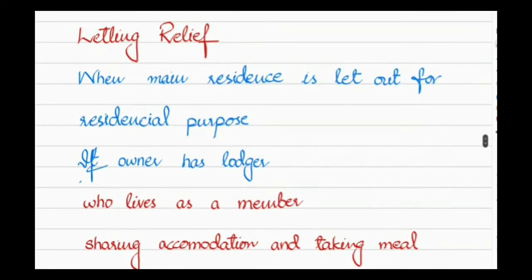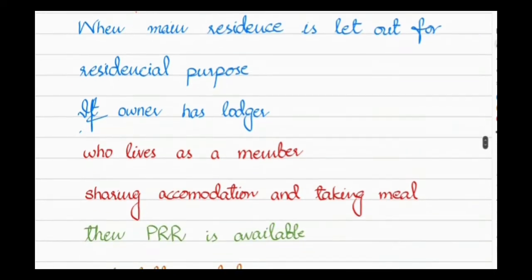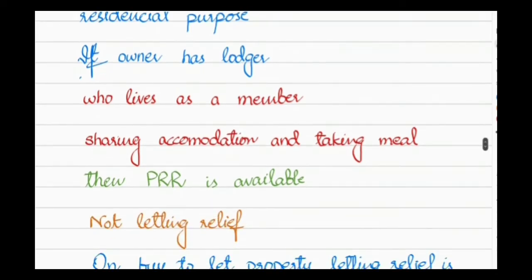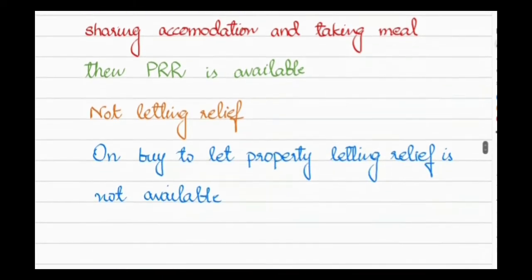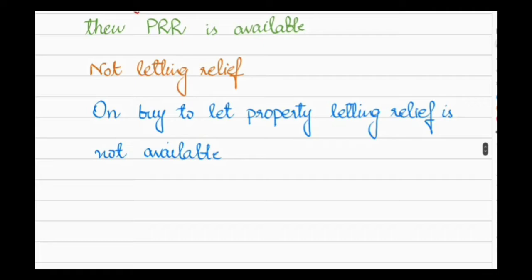So letting relief is only available when the main residence is let out for residential purposes, but the condition you need to consider is that if the other person who is living there, paying rent, lives as a member, sharing accommodation and taking meals, then PRR relief is applied, not letting relief.